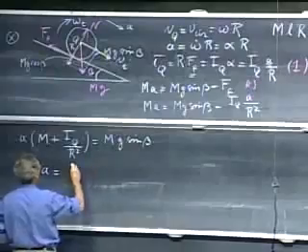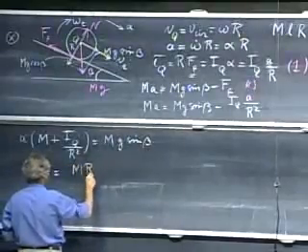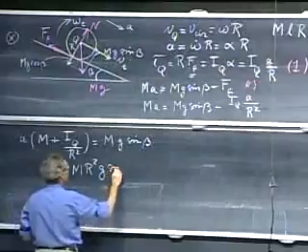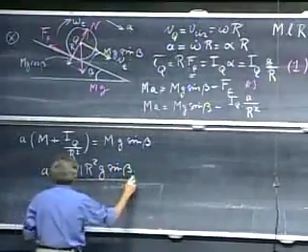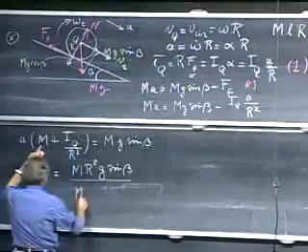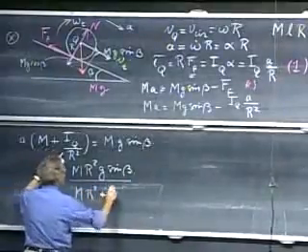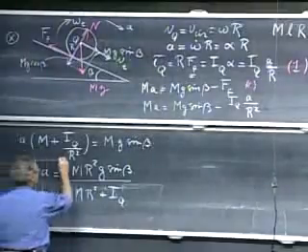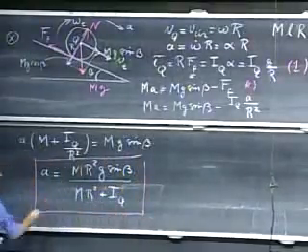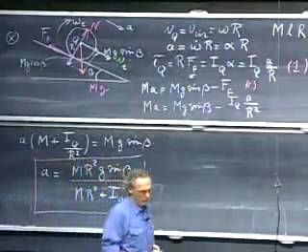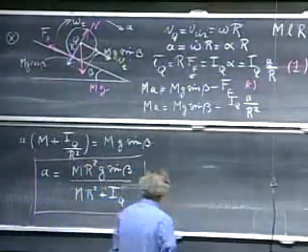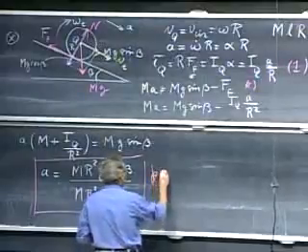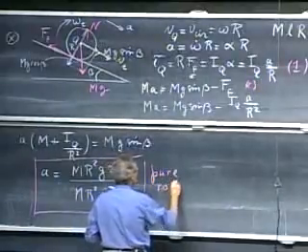I'll multiply both sides with r squared. I get m r squared g sine beta upstairs, and downstairs I get m r squared plus the moment of inertia about that point Q. And this is my result, and all I have to put in now is the moment of inertia of rotation about that axis. I want to remind you, though, that it is only true if we have a situation of pure roll.